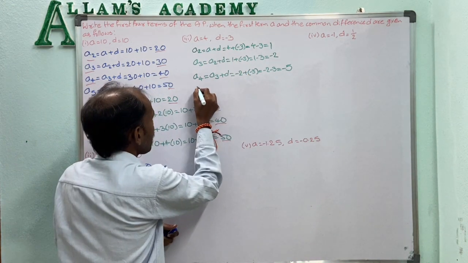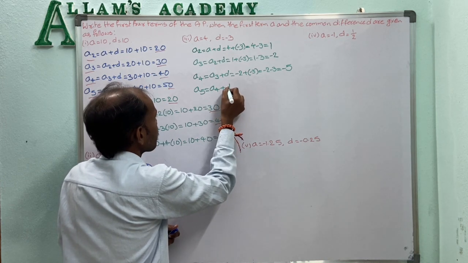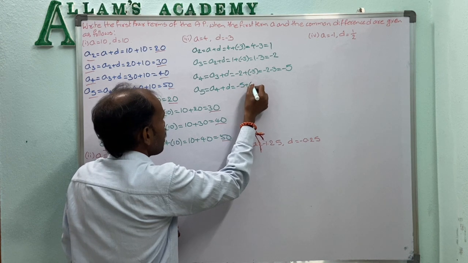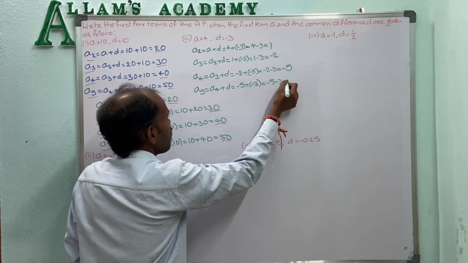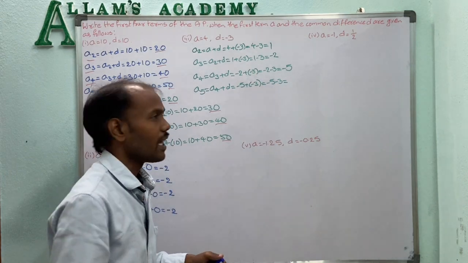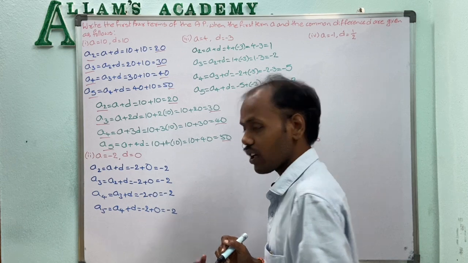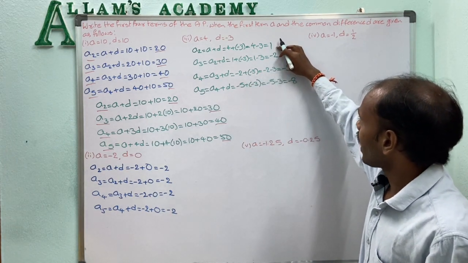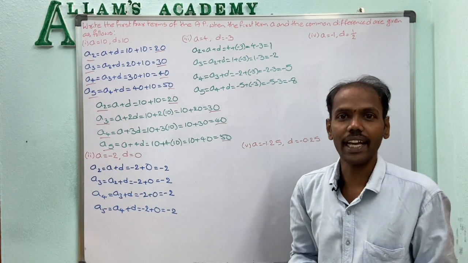Now the fifth term A5 is equal to A4 plus D. The fourth term is minus 5 plus of minus 3. Plus into minus is minus. So minus 5 minus 3 becomes minus 8. So the 4 terms of the AP are 1, minus 2, minus 5, minus 8.